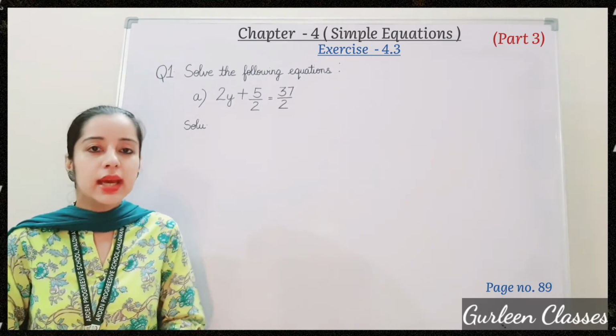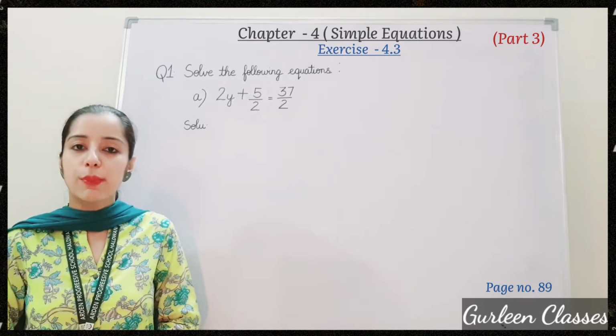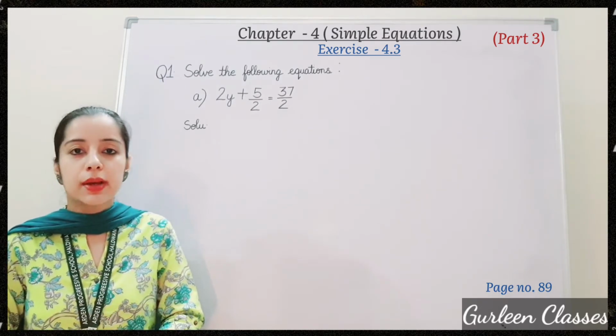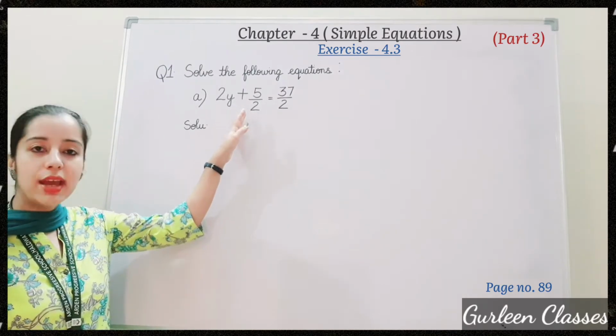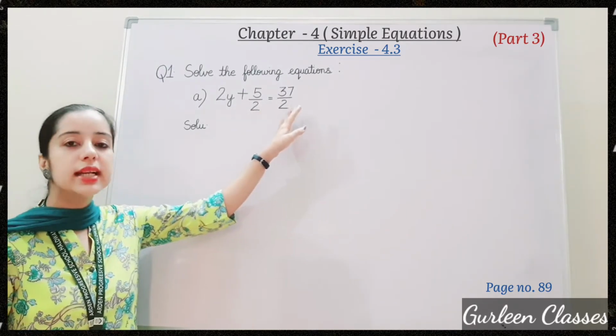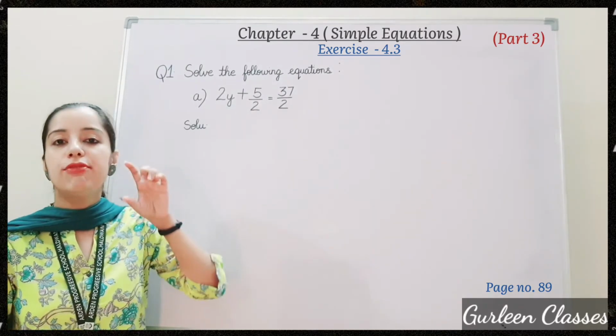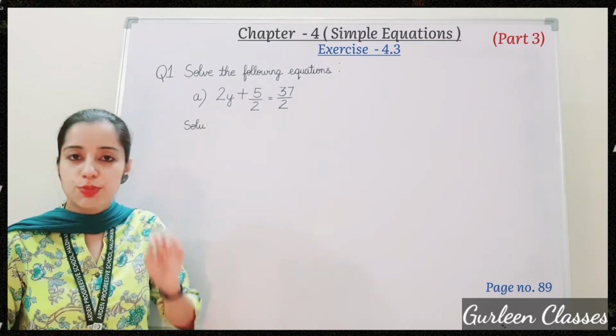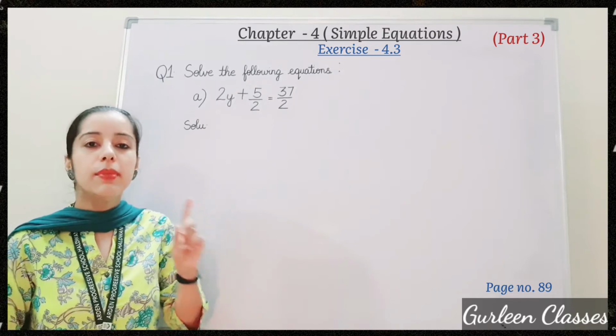Part A: 2y plus 5 upon 2 is equal to 37 upon 2. For the first step, on the LHS we have 5 upon 2 and on the RHS 37 upon 2. This is one fraction, so this whole fraction will go to the right hand side. We are transposing, so plus will become minus.